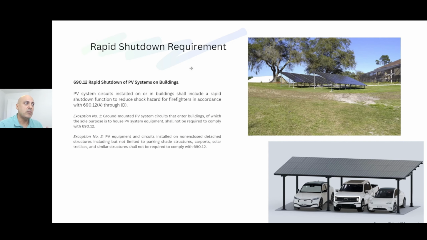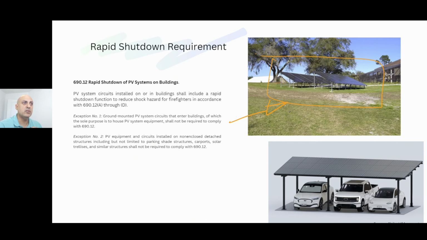There are some exceptions. You can see here ground mount exceptions, like this is a ground mount here. Since the fire department doesn't have to go through that ground mount, or they're not going to be exposed to that electric hazard, it's not required for that scenario.